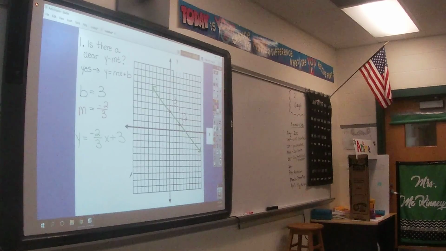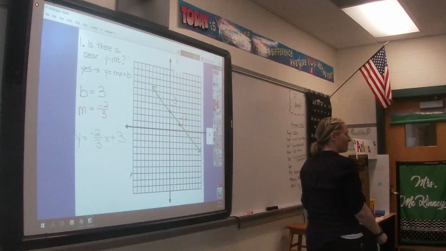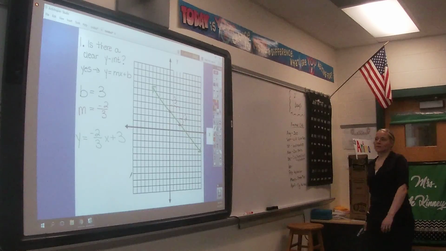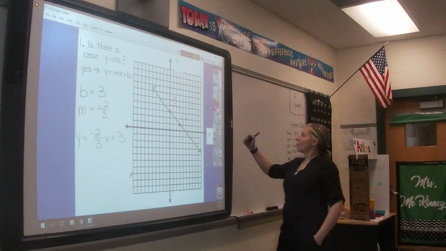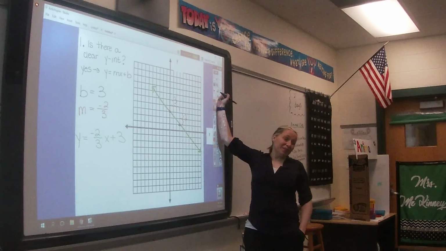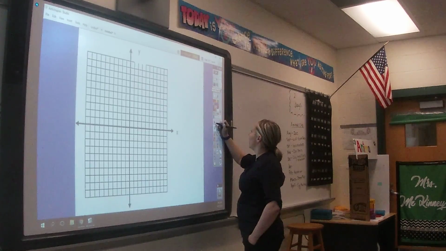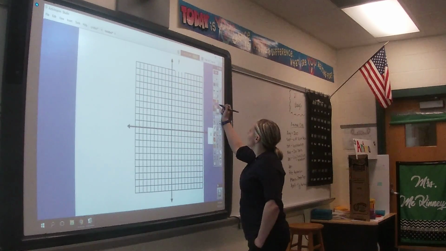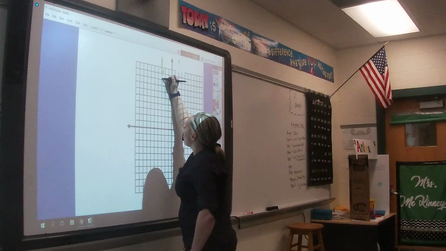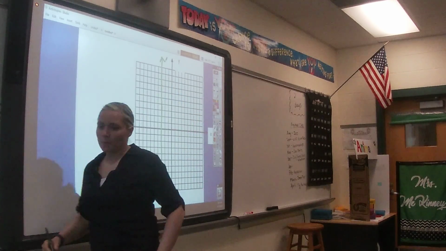Are we okay with that? So you don't even necessarily need to draw a separate graph for this next one. I'm just drawing a separate graph so that you don't get confused as we're looking up here. That's not a perpendicular line.